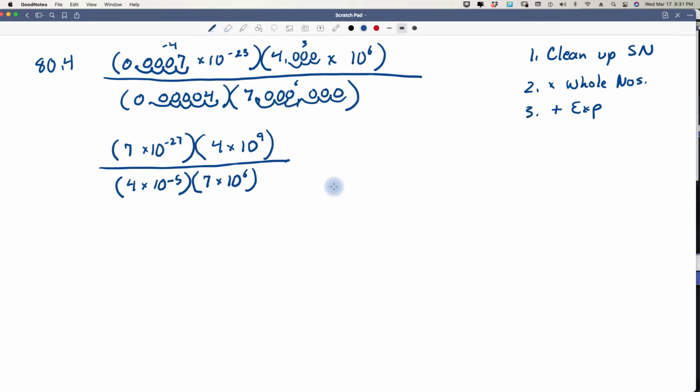Right? So let's just do that right here. This is going to equal 7 times 4 is 28 again, times 10 to the something. We have negative 27. And 9, that's going to be negative 18, right?